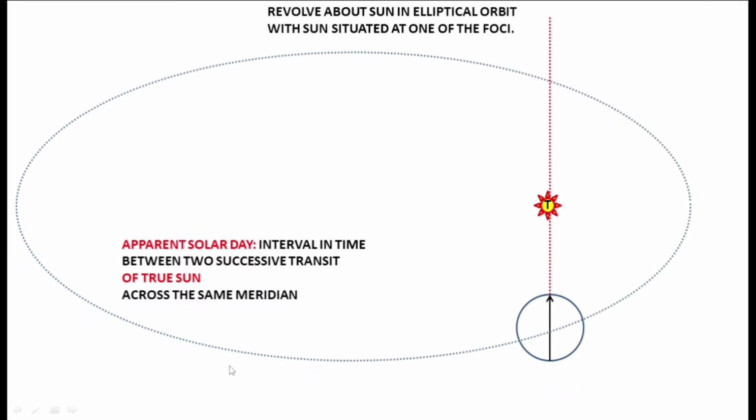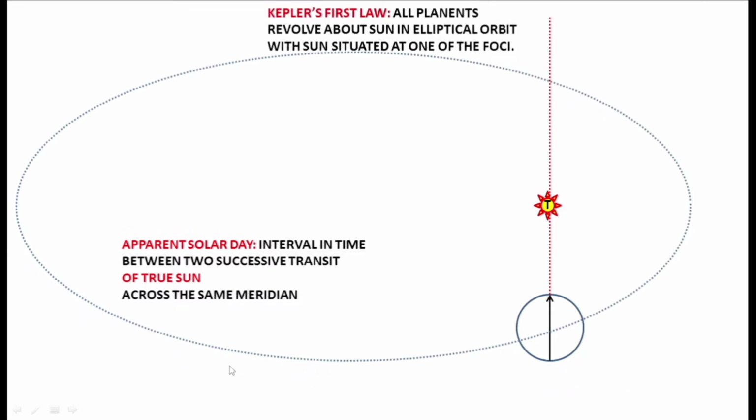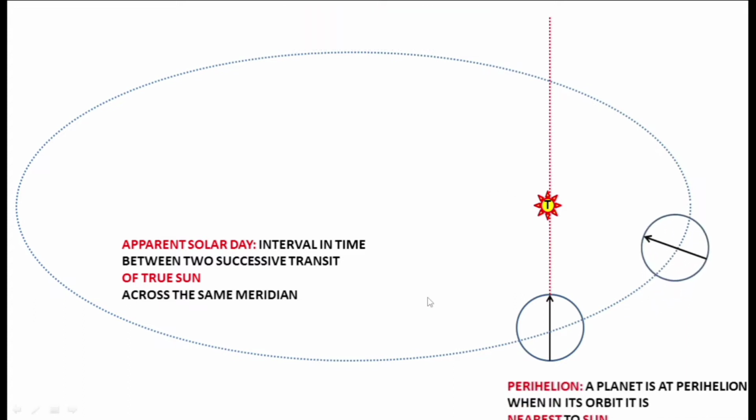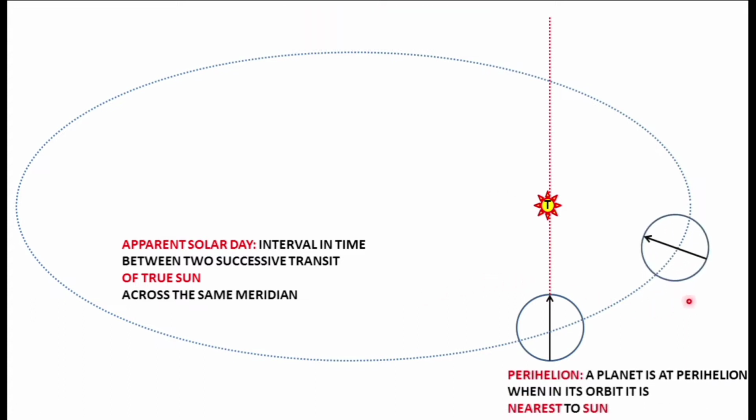Now, Kepler said in his rules that the planets revolve around the sun in an elliptical orbit, with the sun situated at one of the foci of the ellipse. When a planet, in this case the Earth, is closest to the sun, we use the term perihelion.